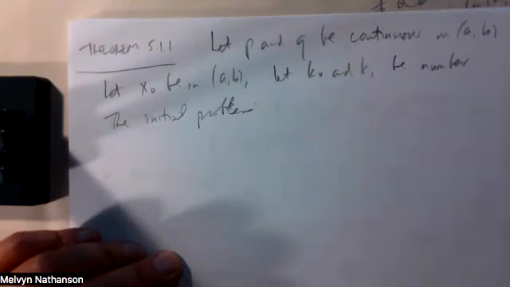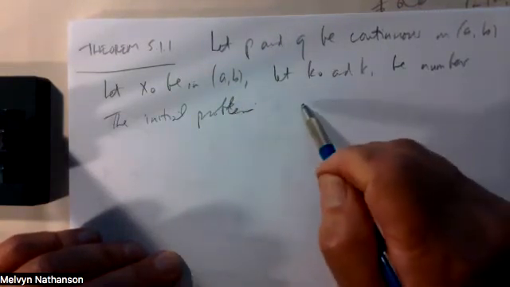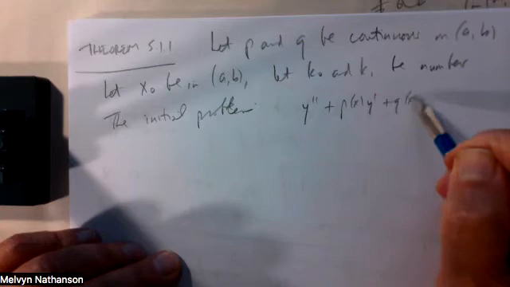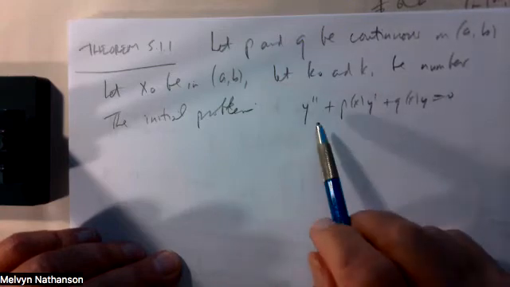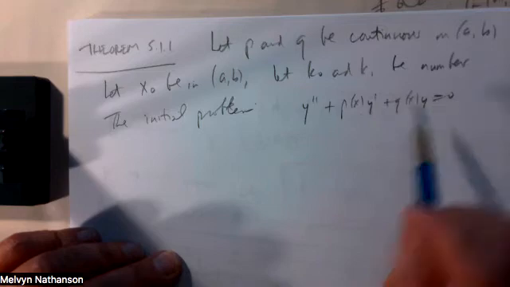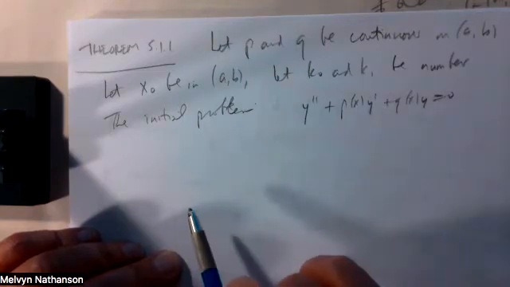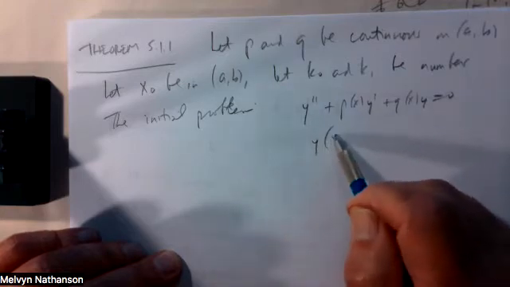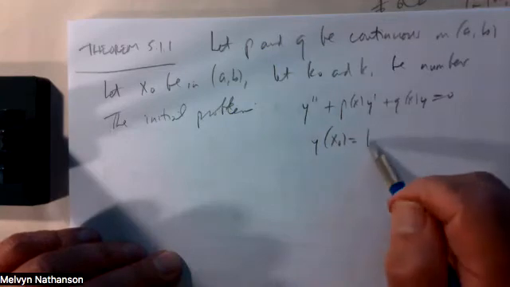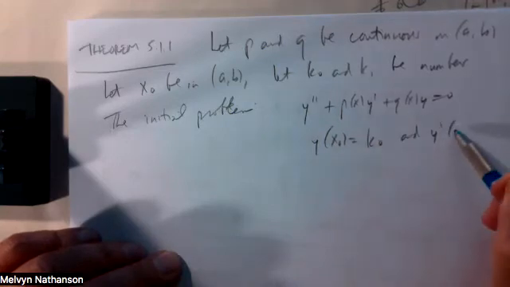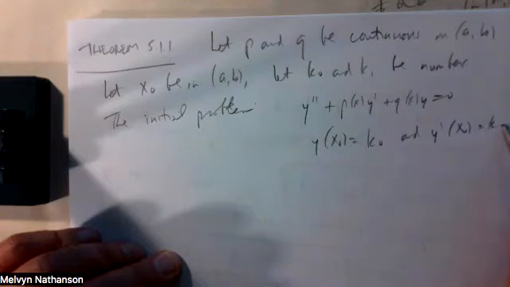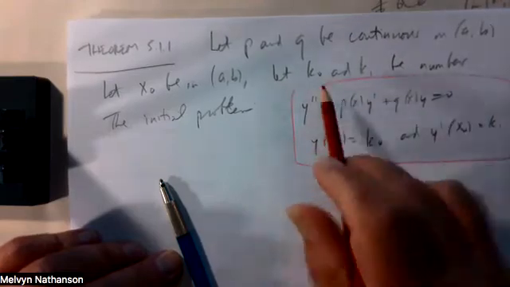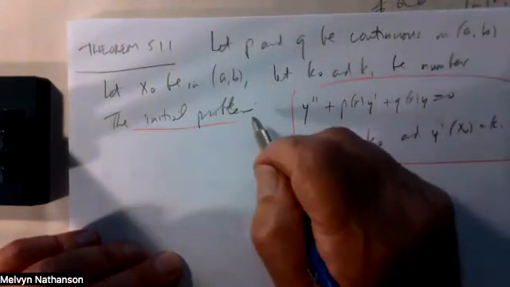Find a function y that solves the differential equation y double prime plus p of x y prime plus q of x y equals 0. So this is a second order linear homogeneous differential equation, and it satisfies the initial conditions that the value of y at the point x naught is k naught, and the value of the derivative of y at x naught is equal to k1. So this is the initial value problem.